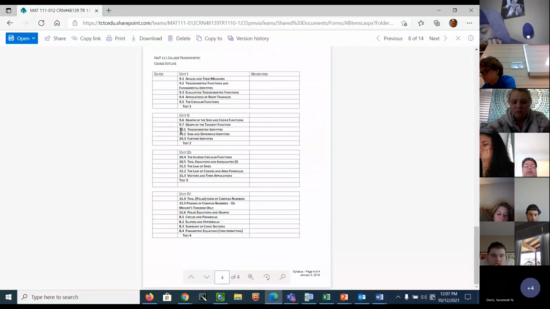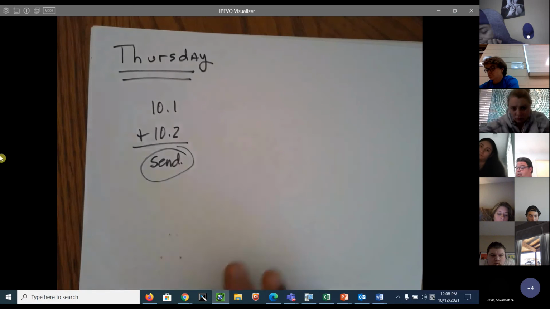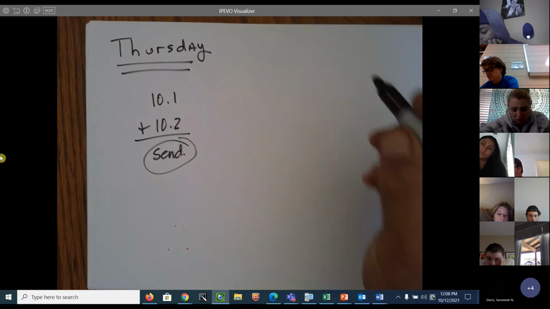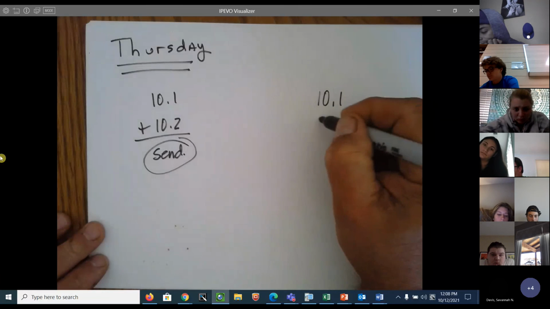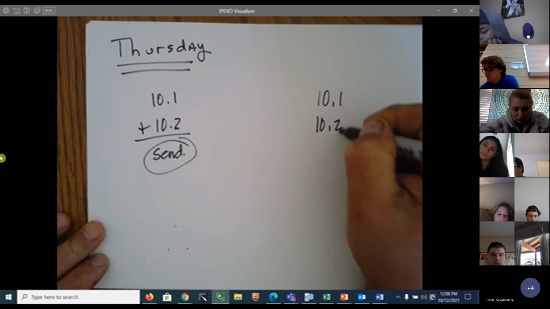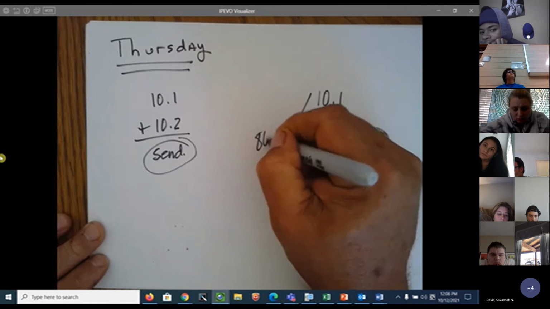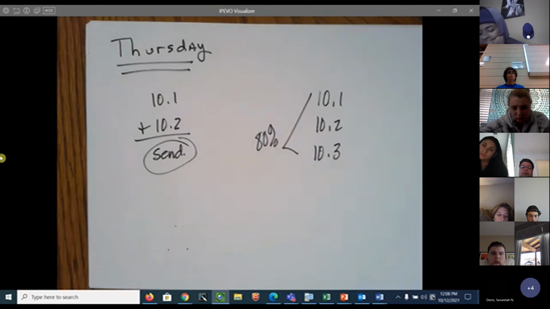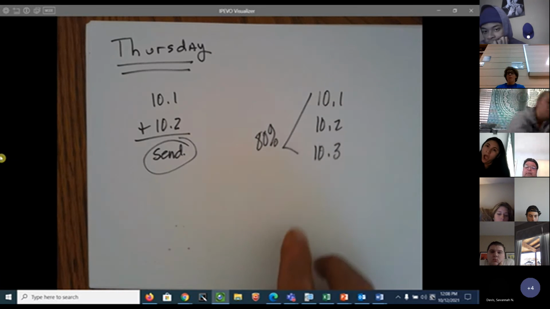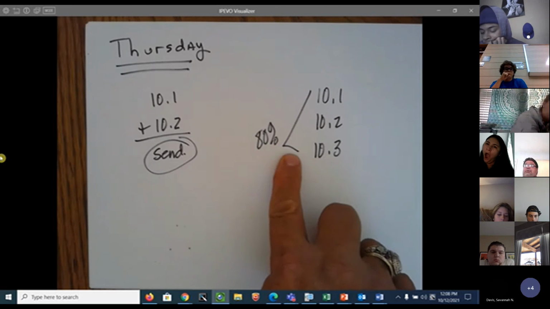So that's my goal. Let me just write this down. My goal is to get y'all through 10.3 because 10.1, 10.2, and 10.3 is 80% of the Unit 3 test, or whatever unit we're on. That's 80% of your test.